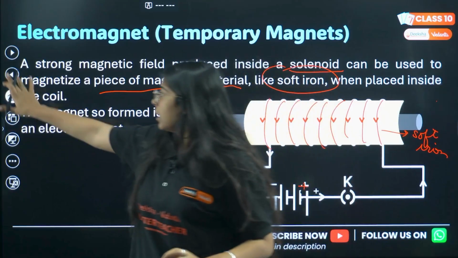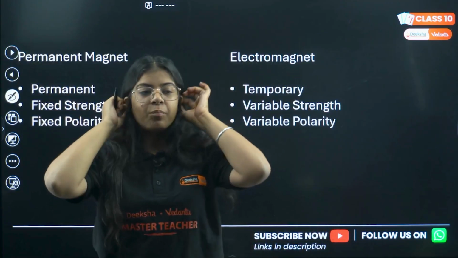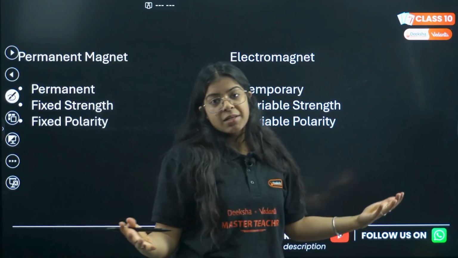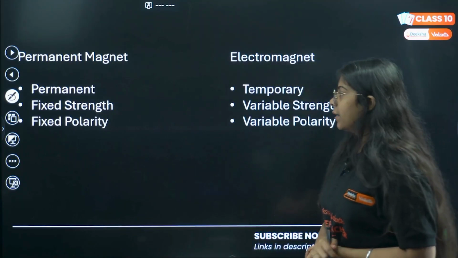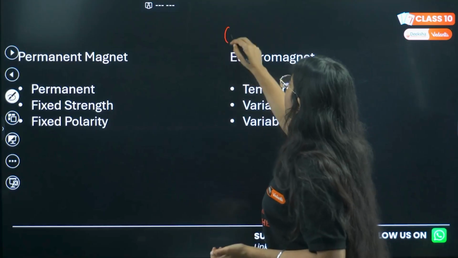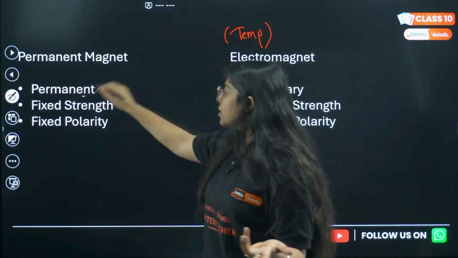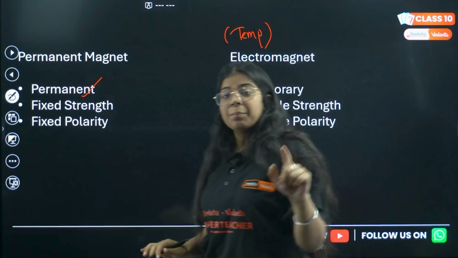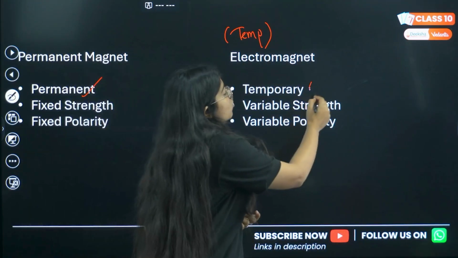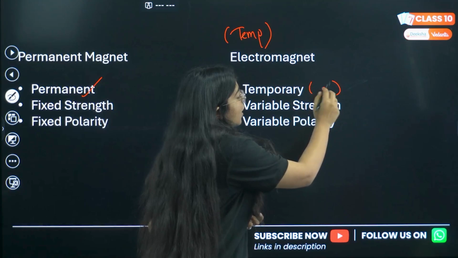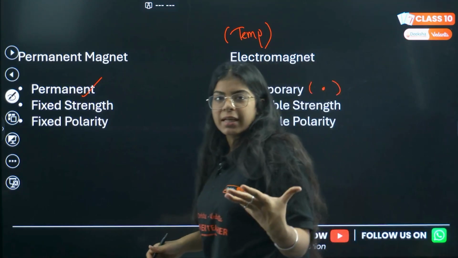Now some of the last important topics. This is a very important difference. They might ask you in the paper what the difference is between a temporary magnet and a permanent magnet, and this is of course the temporary magnet. A permanent magnet is permanent, but a temporary magnet or electromagnet is temporary, because as soon as we switch off the current, it will stop behaving like a magnet.